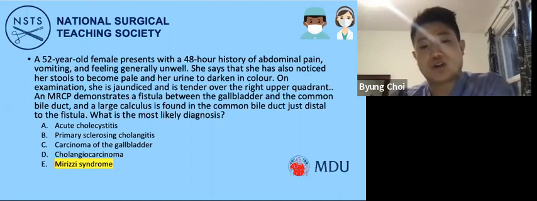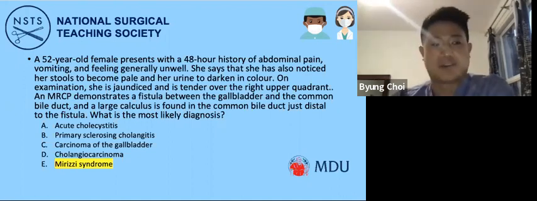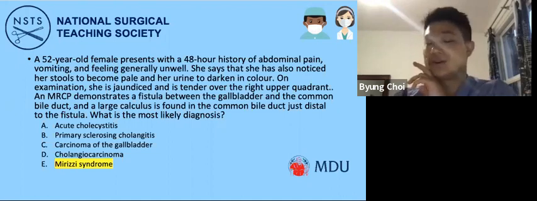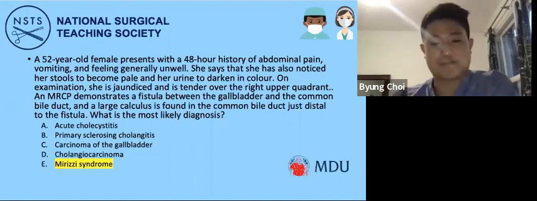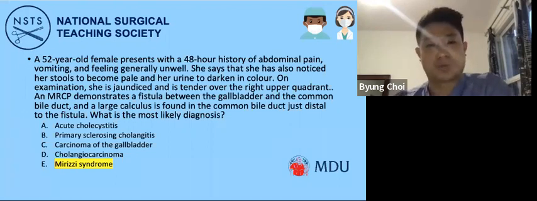Now, if you have that long enough, you'll start to develop a fistula, all right? You get inflammation, you get scarring, and then that can eventually lead to an abnormal tract forming, which is essentially the fistula, all right, between the gallbladder and, for example, elsewhere, okay?